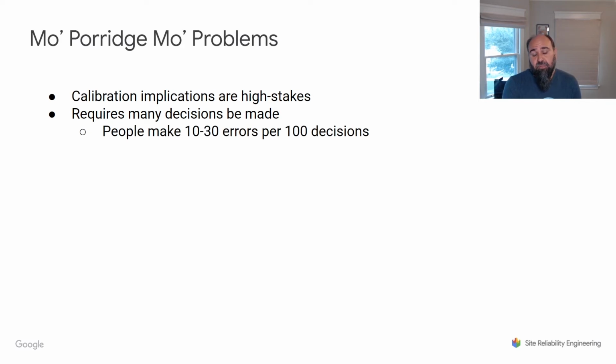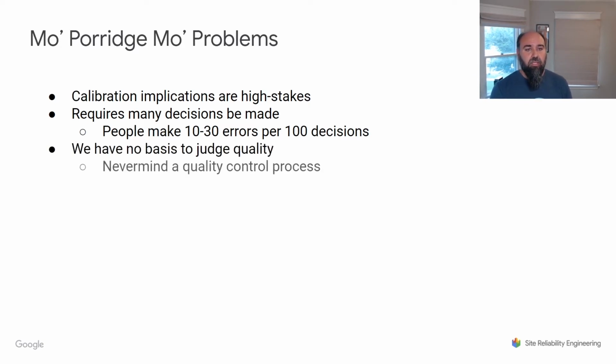And it's also worth mentioning here, people make mistakes, right? There have been studies that have documented errors in repetitive processes. People make upwards of 10 errors per 100 decisions. This is potentially a huge problem, right? Moreover, we don't actually have a metric to judge quality, never mind a quality control process.